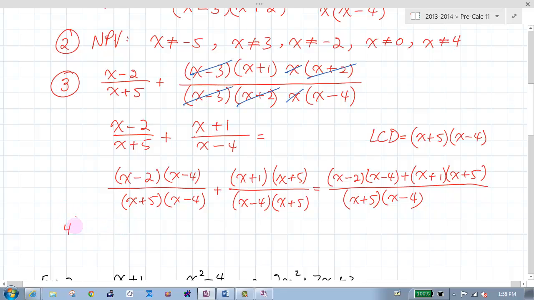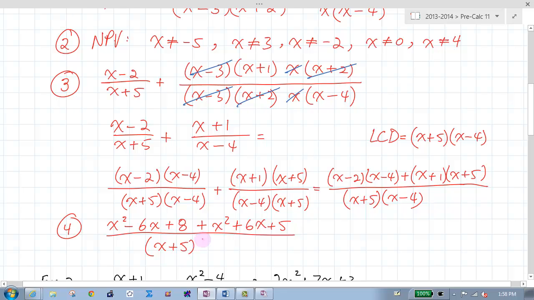So this will be our step 4. Okay, this becomes x squared minus 6x plus 8 plus x squared plus 6x plus 5 over x plus 5 times x minus 4.